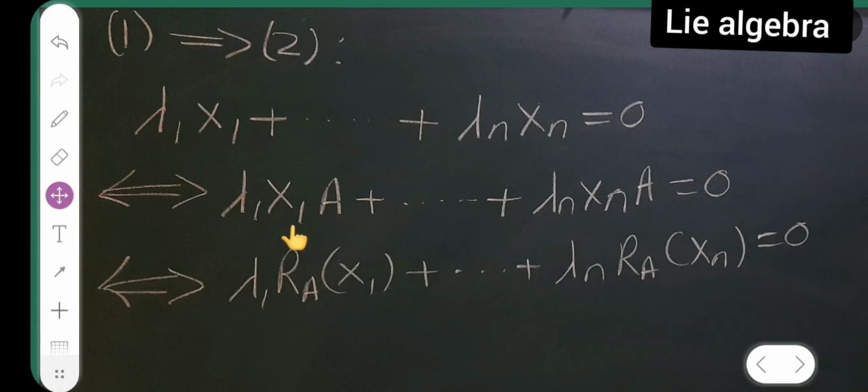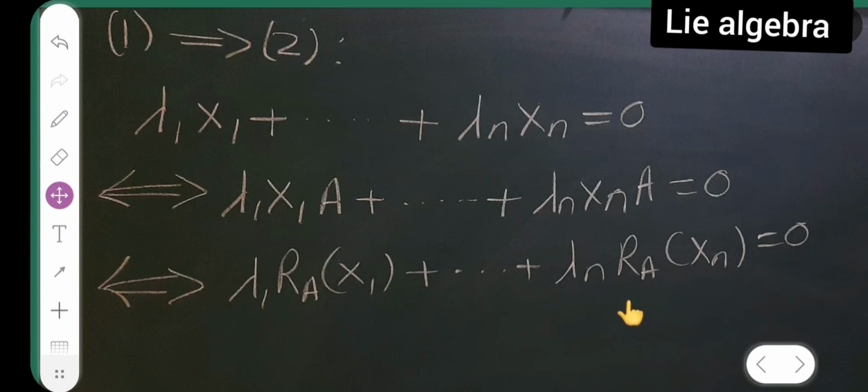Now in the previous definitions you all know that x1 a, I can write it as Ra of x1, right? So lambda 1 Ra of x1 plus up to plus lambda n Ra of xn is equal to 0.